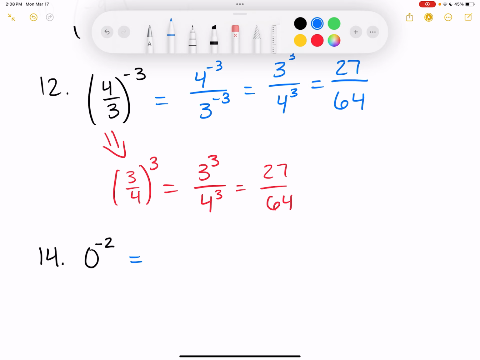And when I move it, it changes to a positive exponent. This would be 1 over 0 squared. What happens if I divide by 0? It's undefined. We can never, ever, ever divide by 0.